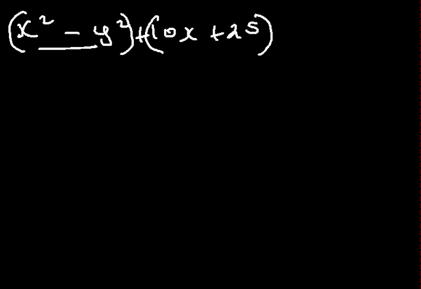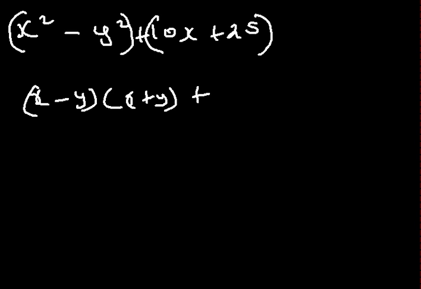These are differences of two squares, so we have x minus y times x plus y, and plus 5 times 2x plus 5. That's the way out, but it is not complete, so we need to factorize this one completely. How should we further go about that? We should have it in this way.